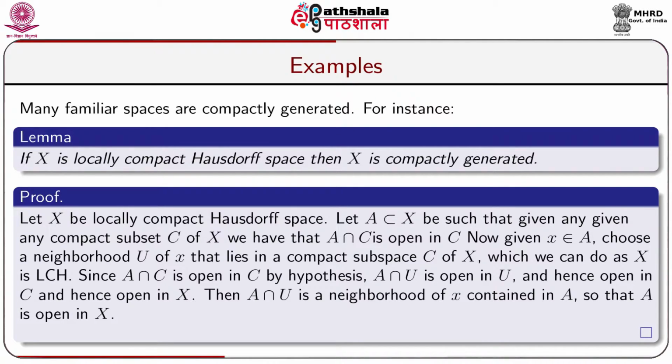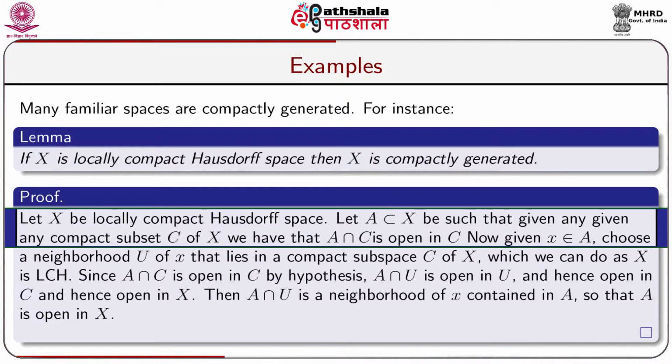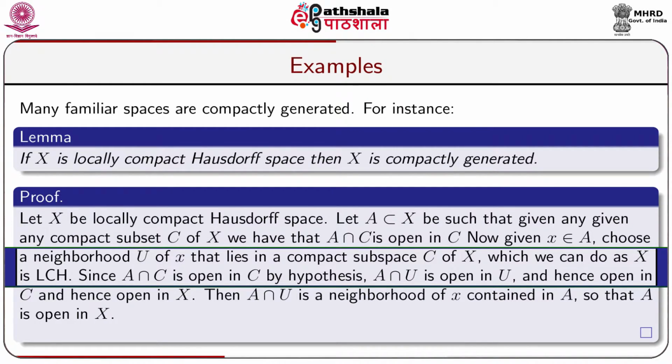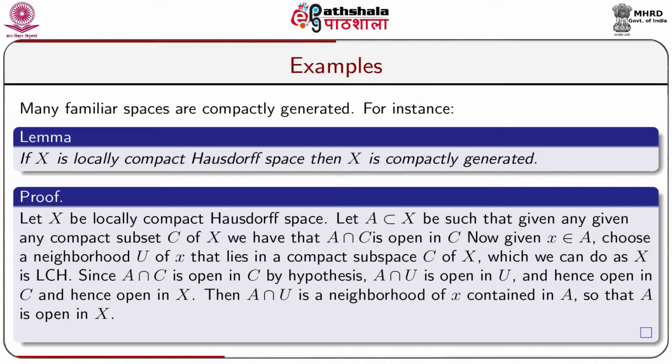So, to prove that locally compact Hausdorff spaces are compactly generated, let X be a locally compact space and let A intersection C be open in C for any given compact subset C of X. Note that here A intersection C is open in C. Now, given x belonging to A, let us choose a neighborhood U of x that lies in a compact subspace C of X. We can do this because X is locally compact.